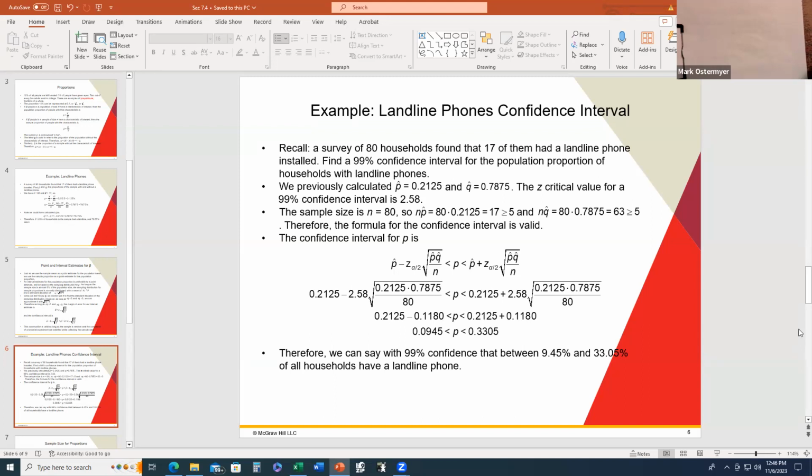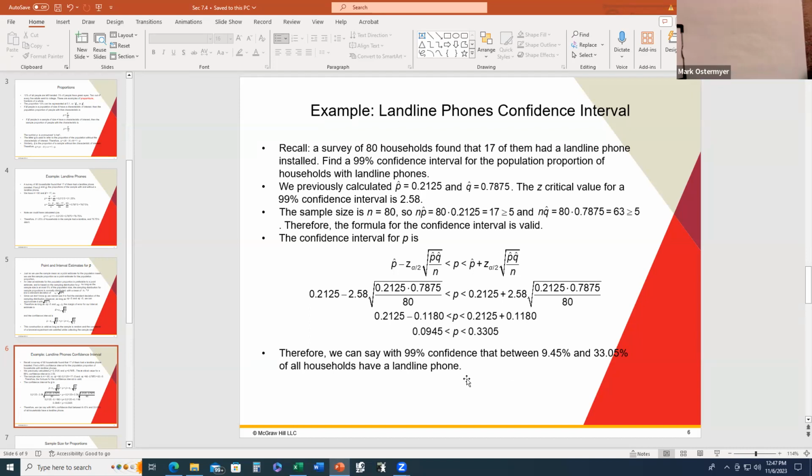And so therefore, how can we interpret what this is saying? Well, ladies and gentlemen, we can interpret this confidence interval as saying we are 99% confident that between 9.45% and 33.05% of all households in our entire population have a landline phone. Okay? And we're 99% confident in saying that.